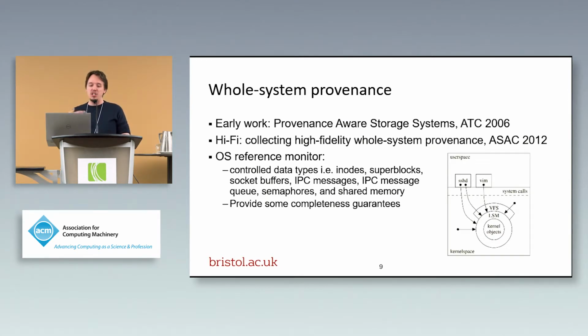The idea is to use the OS reference monitor concept to capture exchange of information between control data types in the kernel, so kernel objects, inode, superblock, socket buffer, etc., and to provide some completeness guarantee. No details there, but in the paper we also describe how we can provide some extra guarantees.